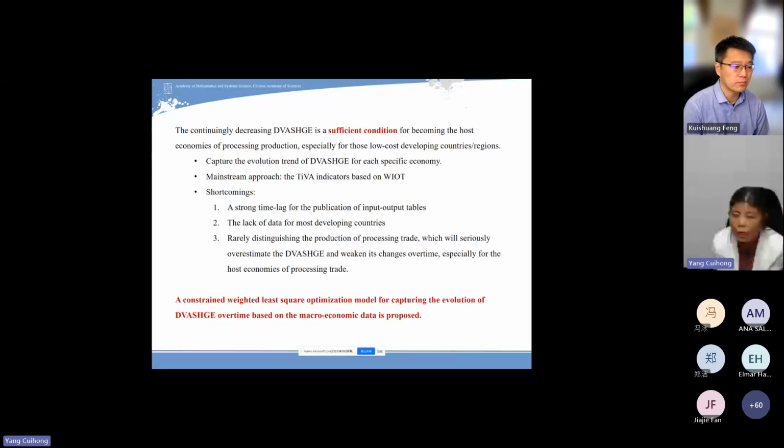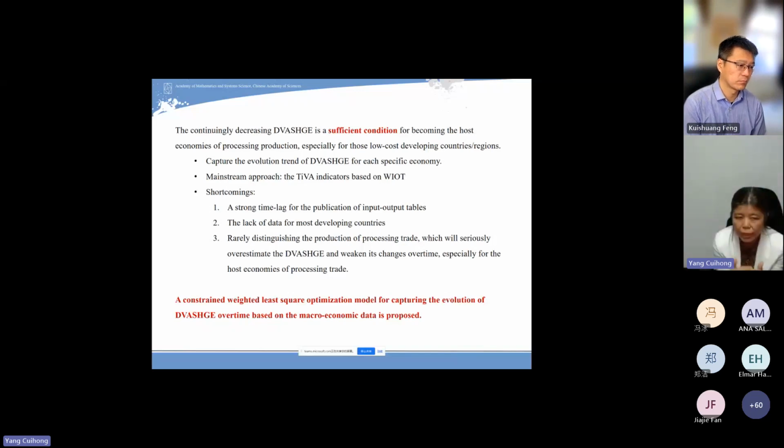But as I just mentioned, if we would like to capture the most recent years, it's not possible to use the input-output tables due to the time lag. Another issue is that there is not sufficient data of processing export for some developing countries.